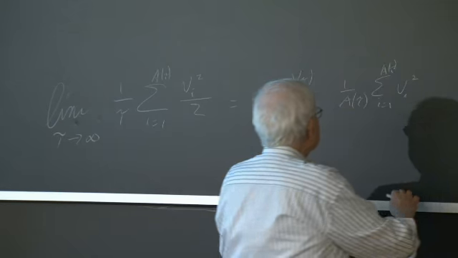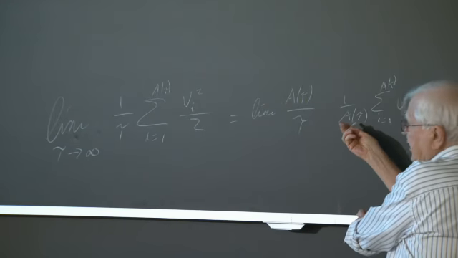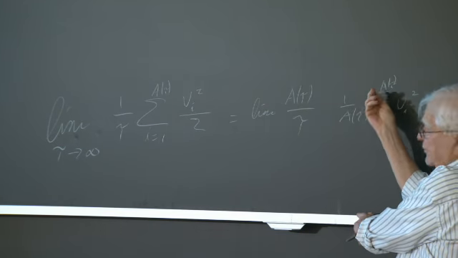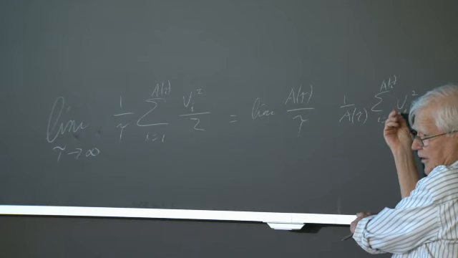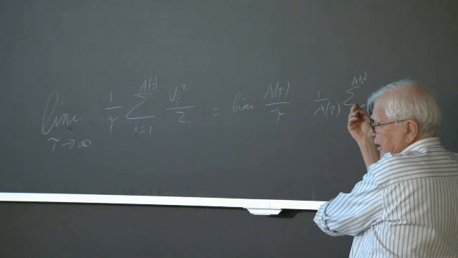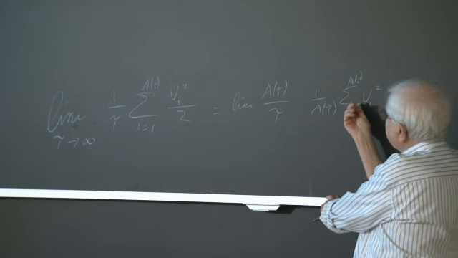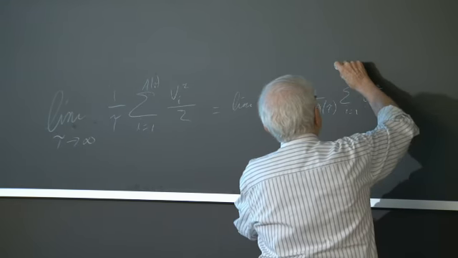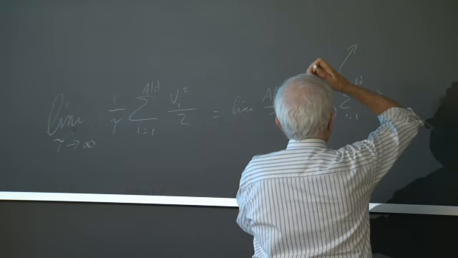Now, as tau increases, this A of tau is going to increase. These are IID random variables. So what we're doing is increasing the sample average of these IID random variables. So this quantity goes to what?